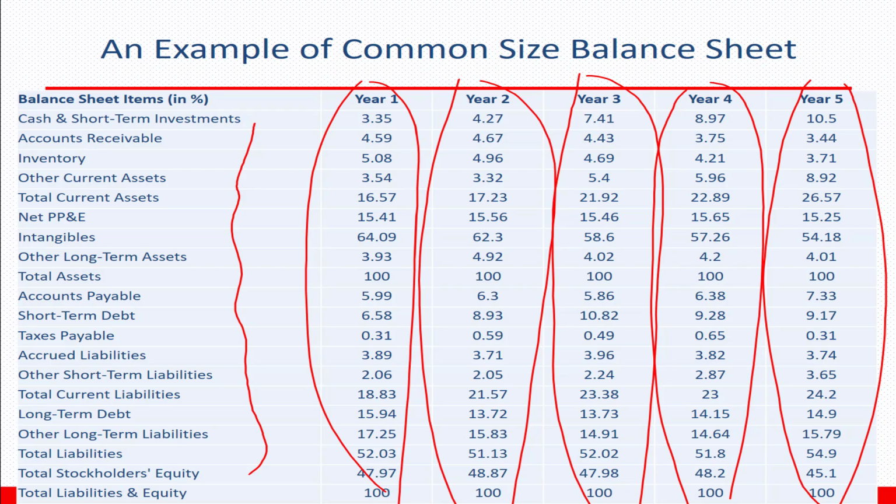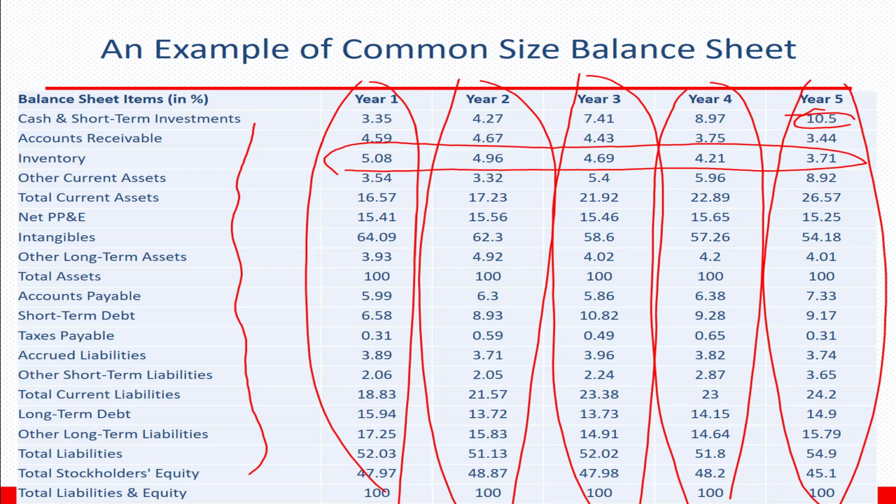So if you want to compute the cash and short-term investment for year 5, then what you do is divide the cash and short-term investment for year 5 by total assets of year 5. So when you express all these items as a percent of total assets, then you can see what is happening to that specific item over the years.